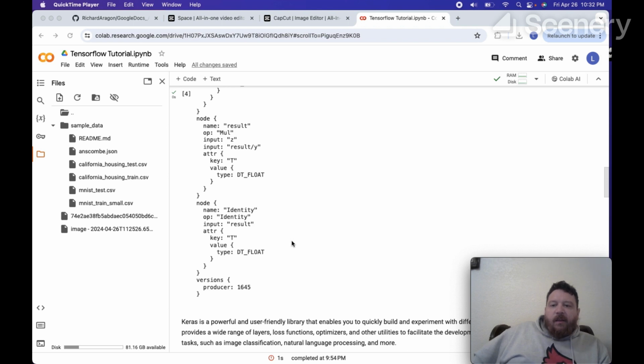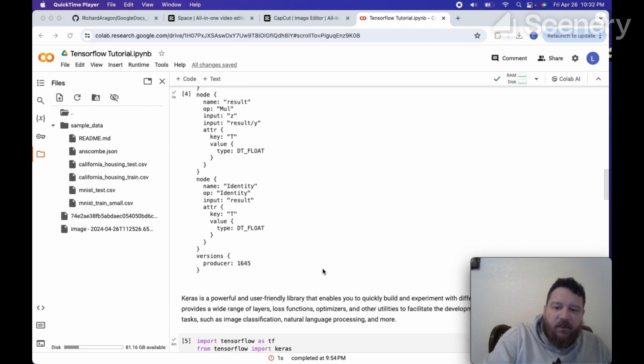Think of it like TensorFlow is our backend. It would be like our Python language, right? And then we want to display this information, and we want a way to have a front end, and that's where Keras comes in.